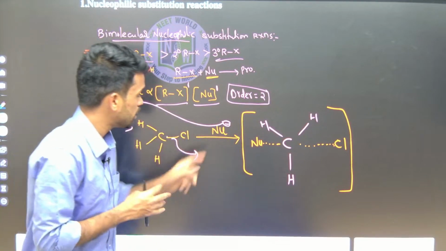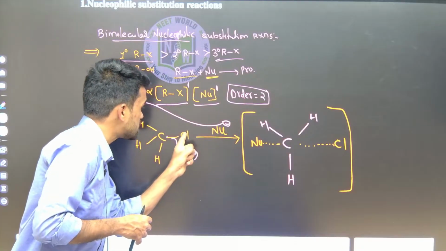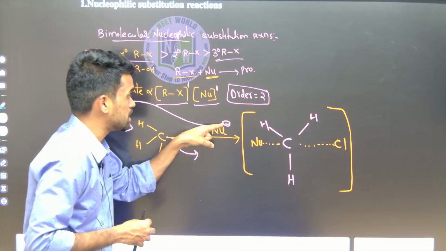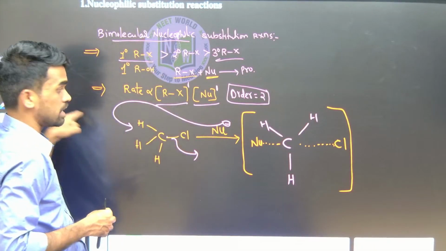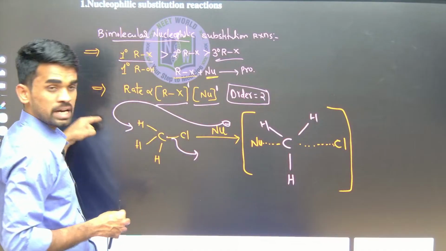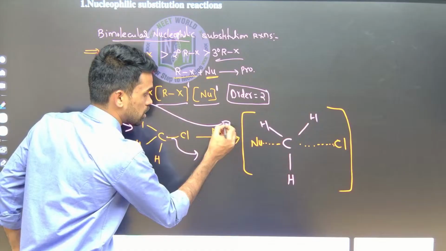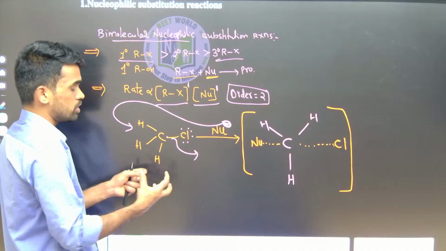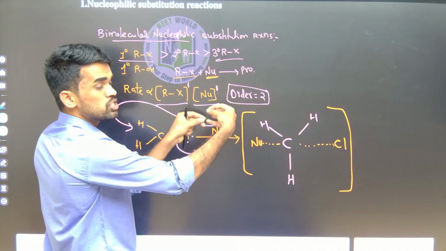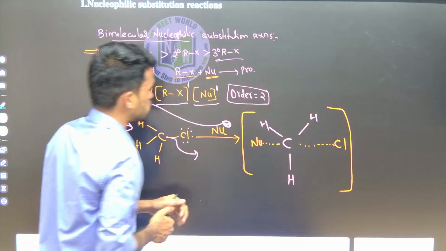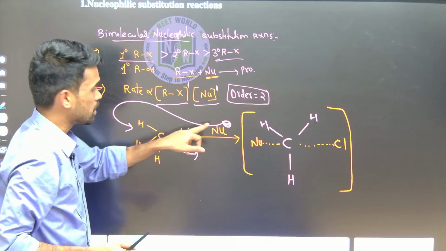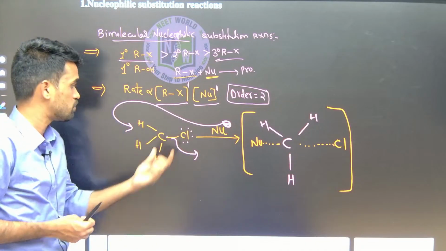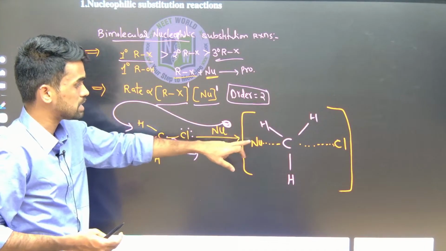If you observe properly, the nucleophile is not coming exactly into the position of the chlorine, but from the opposite side. Why is it coming from the opposite side? Because the nucleophile has electron density, and the leaving group chlorine also has electron density. If both like charges come close to each other, repulsion takes place. So it avoids coming from the same side and comes from the exactly opposite direction, so that it does not experience repulsion from the leaving group.